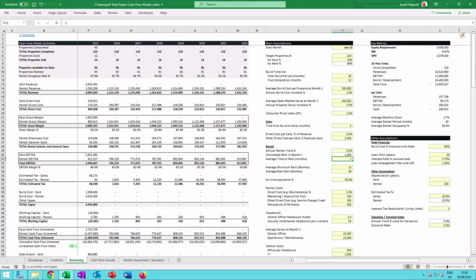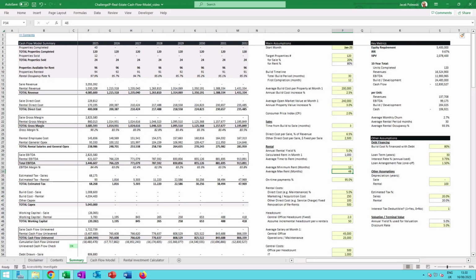Also, some other assumptions as to, okay, how long will it take me to rent my property from when it's finished. Assumptions around the minimum rent, and then the average maximum rent period. So this is how long your average tenant will stay in the property before they move out.